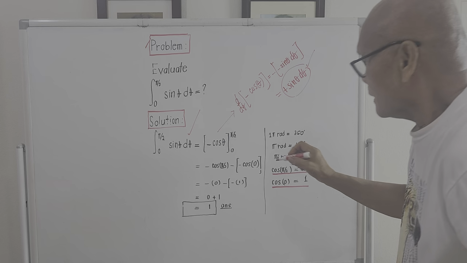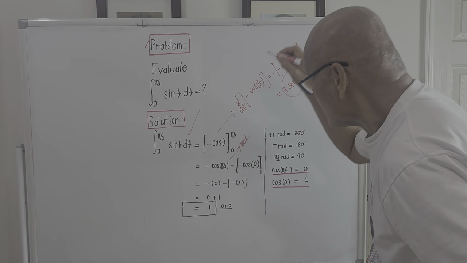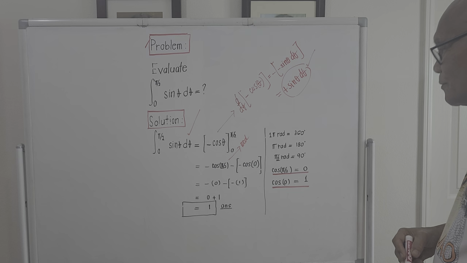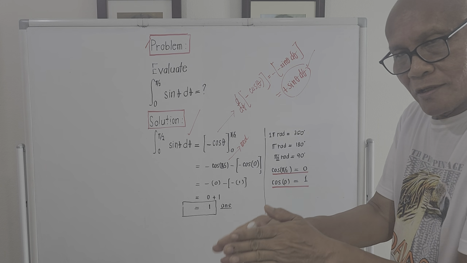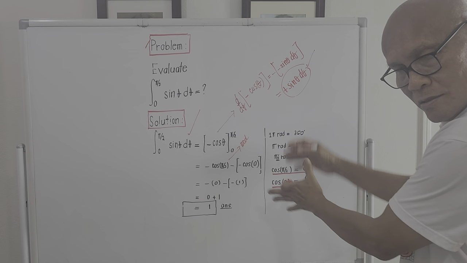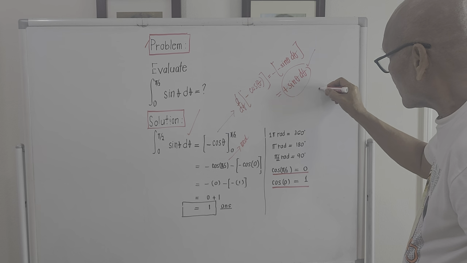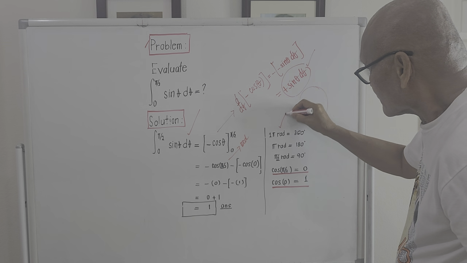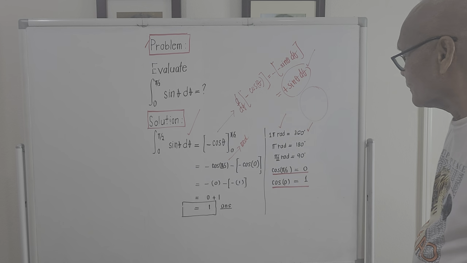Okay? This is actually in terms of radians. So it's a must that we should convert or know the equivalent of radians to degrees. So this will be the so-called translation of the radians to degrees. We know that one complete circle is 2 pi radians, and this will be 360 degrees.